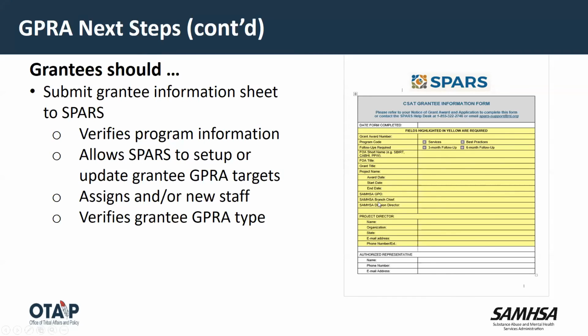So you just complete this brief form and submit that to SPARS, and they will create an account for you. So if you have a new grant, you'll need to do this. Even if you had an old TOR grant, they need to connect your new grant to your existing SPARS account. So if you haven't done this and you have a new grant, you'll need to complete this form.